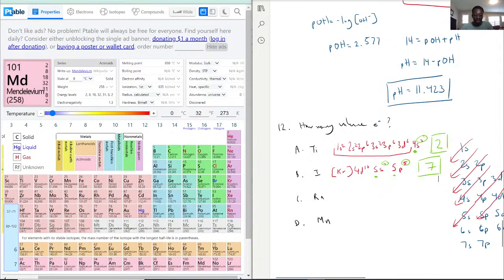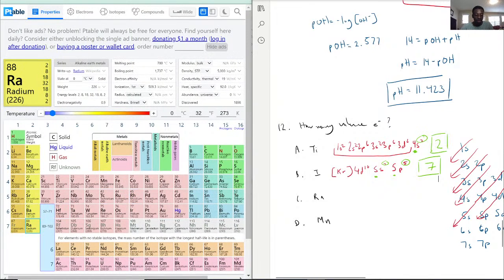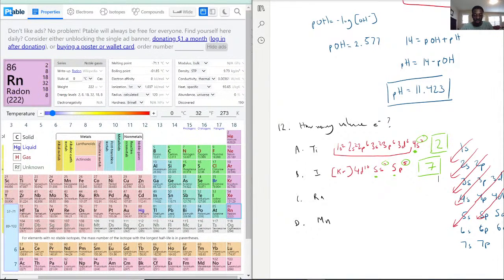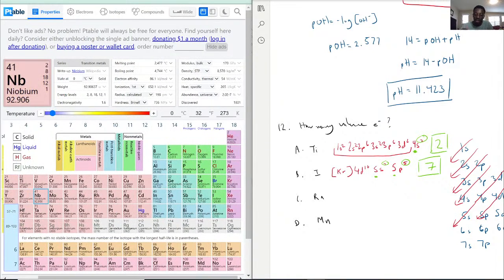For radium, okay, we're going to approach this the same way, where we're just going to use a shorthand. So we're going to actually start with radon for radium. Wow, very similar names. So we're going to start with radon for radium, where we say Rn like that.